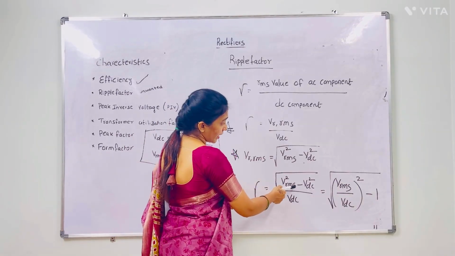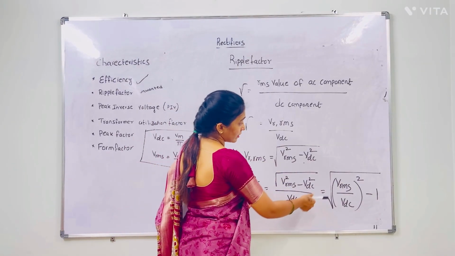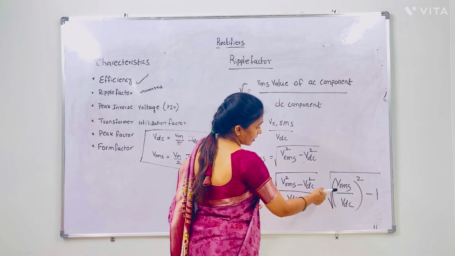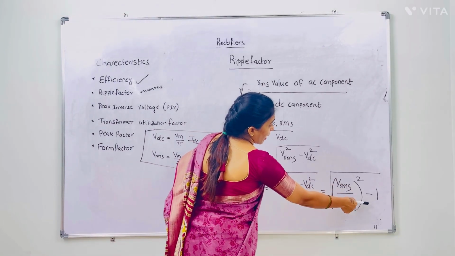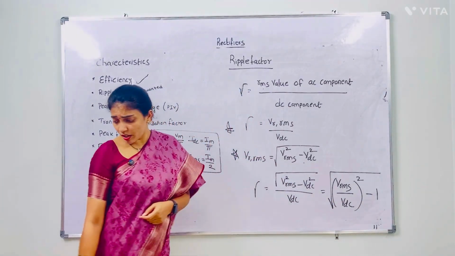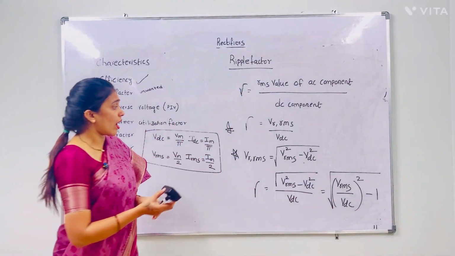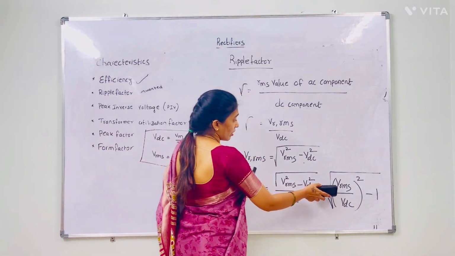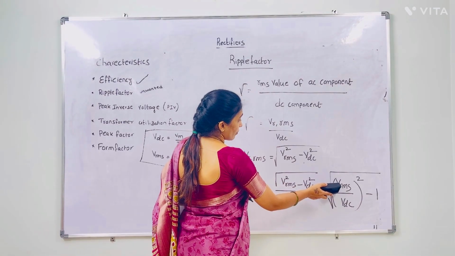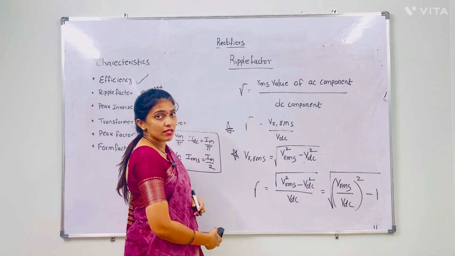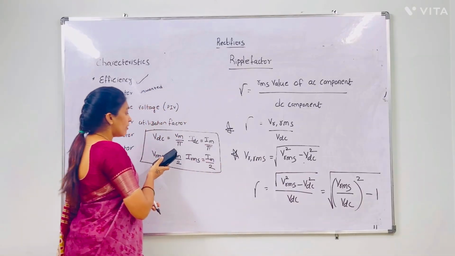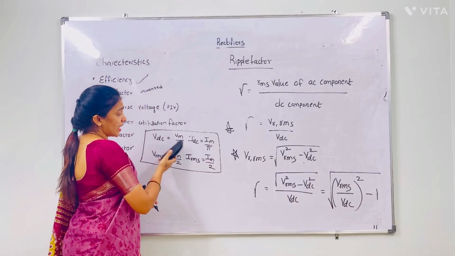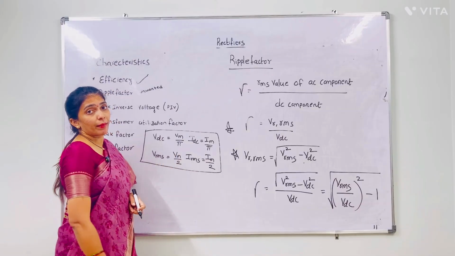After taking VDC as common and simplifying, gamma equals under root (VRMS by VDC) whole square minus 1. We already know the formulas: VRMS is Vm by 2 and VDC is Vm by pi.